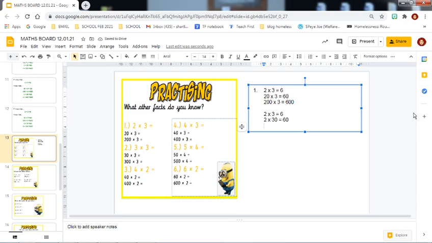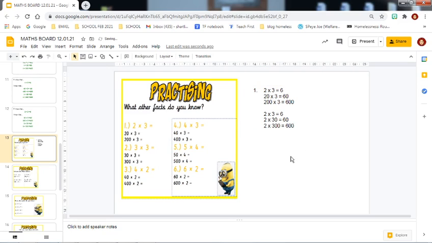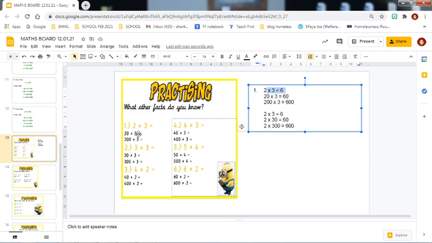Finally, I also know that 2 multiplied by 300, as you can see, I've gone from 3, it became 10 times greater, and 10 times greater again. So 2 multiplied by 300, and we must have an answer which is 10 times greater. So I know that 2 multiplied by 300 equals 600. And that's an example of the other facts that I know once I started with my first given fact.